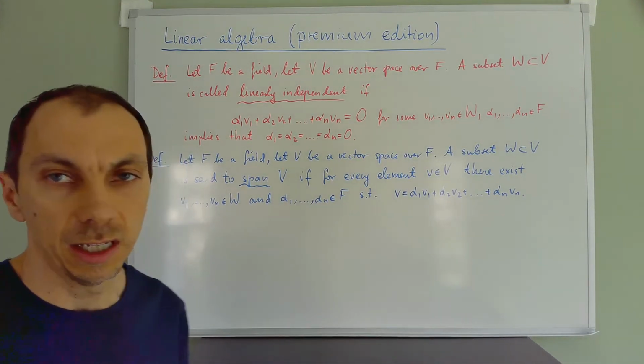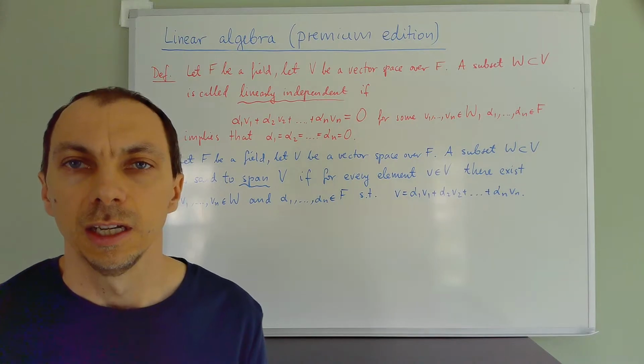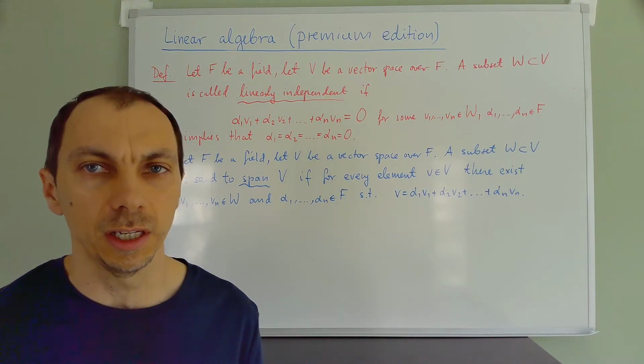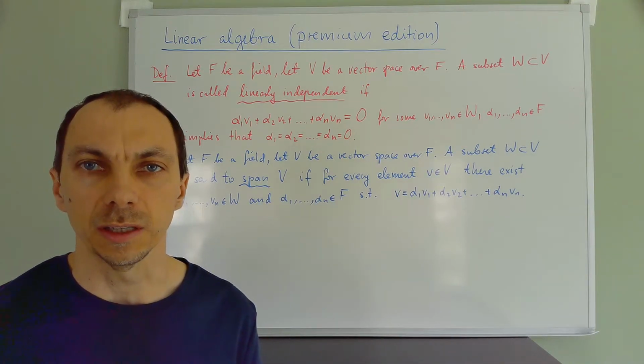So a subset is called a spanning set if every vector in the vector space can be written as a linear combination of elements of that subset W.